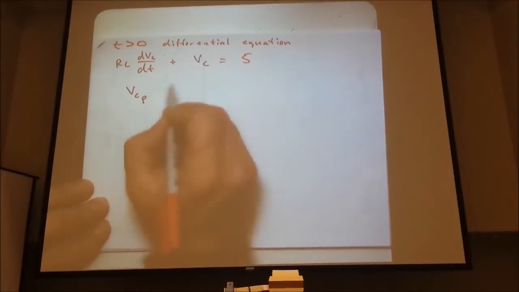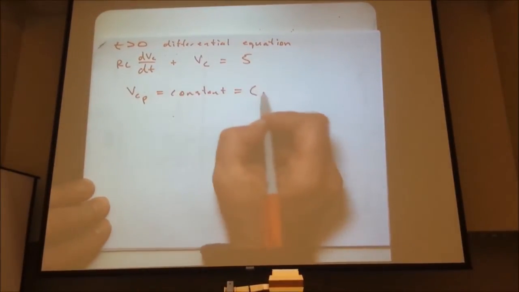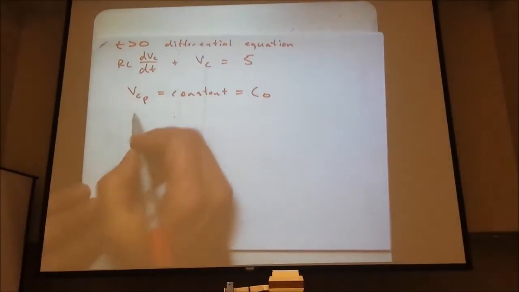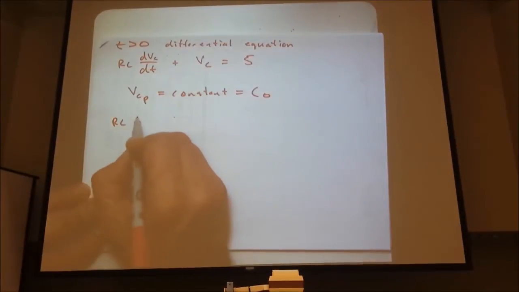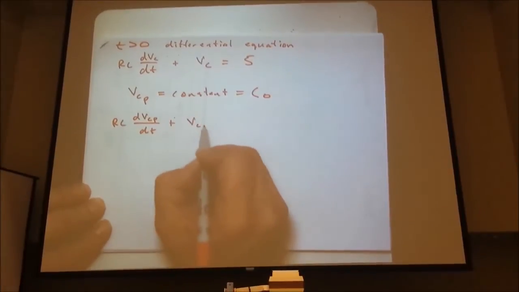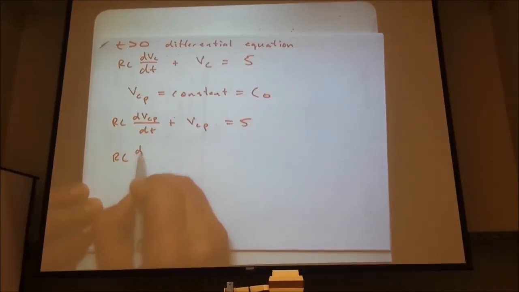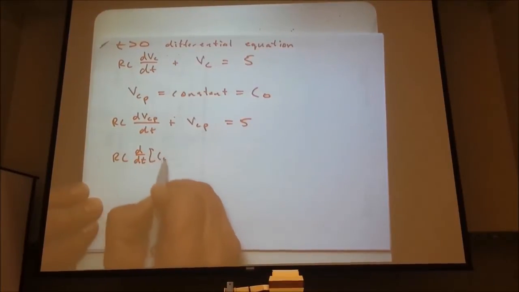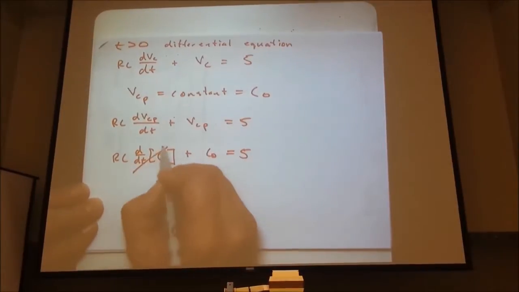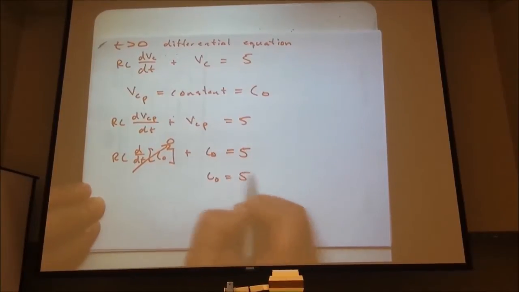VC particular is a constant, and we used just C naught last class. If we plug that in, RC dVC particular by dt plus VC particular equals 5. Plugging in a constant, RC d by dt of C naught plus C naught equals 5. I hope we all agree that goes to 0, giving us C naught equals 5.